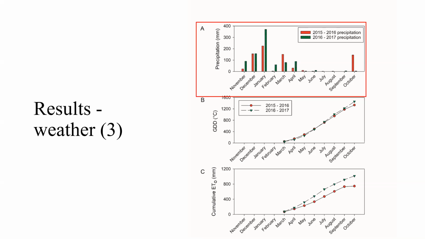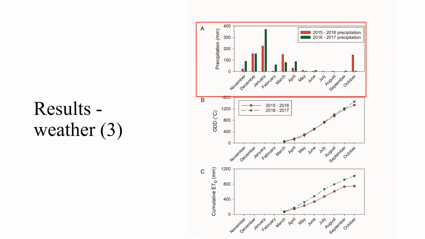There was almost no precipitation from May to September. The growing degree days were similar between the 2 years, with the 2017 season being slightly higher with 1,220 Celsius compared to 1,183 Celsius in 2016. And the accumulated ETO was higher in the second year, about 872 millimeters, compared to the first season, 750 millimeters.